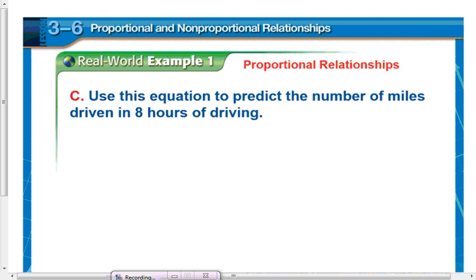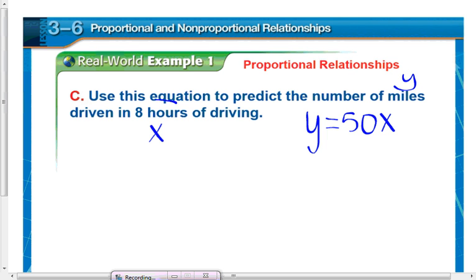Use this equation, y equals 50x, to predict the number of miles driven in 8 hours of driving. So again, we have to reference our graph or go back to our previous notes. X was referring to which variable? Hours. And Y refers to miles.